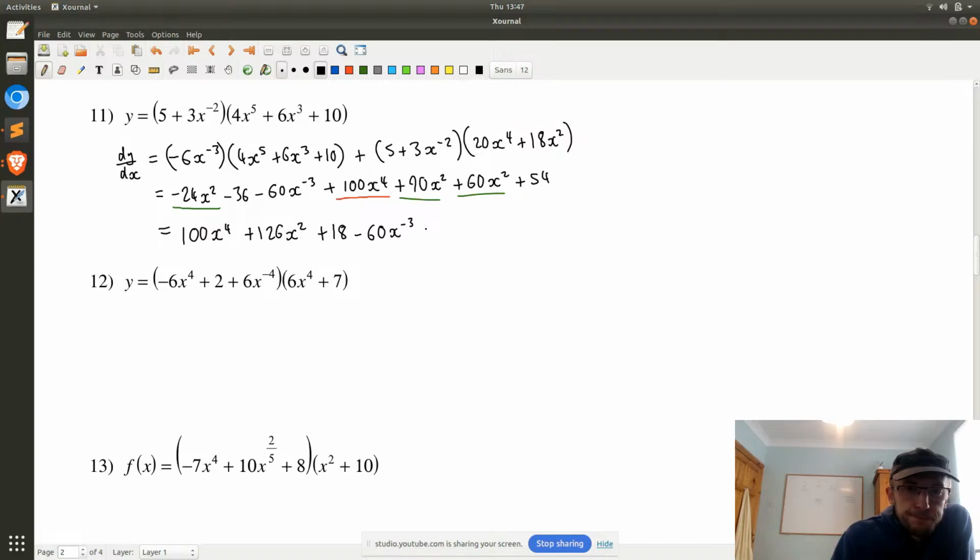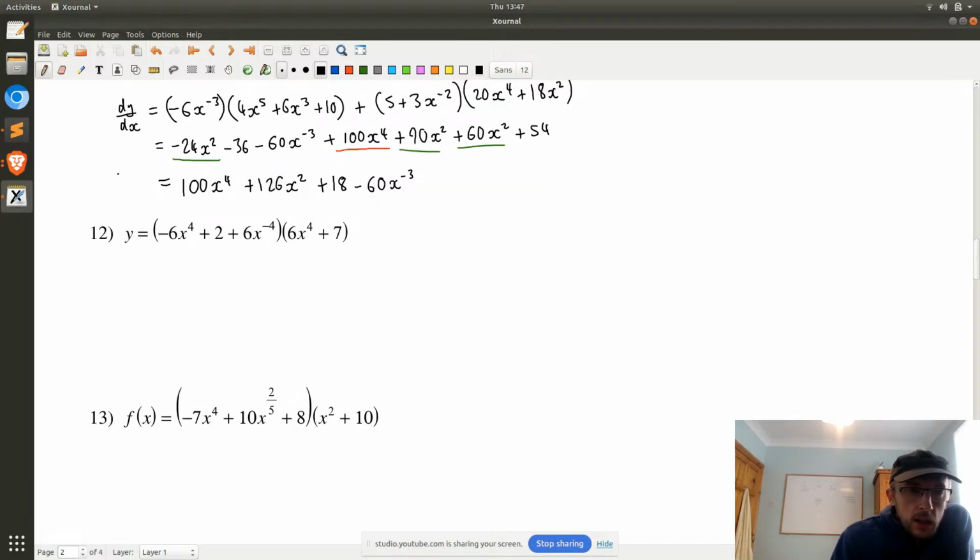There. Okay. I know that you're supposed to do the product rule here, but I would actually find it easier just to expand and then just do it. But to get used to the product rule, I will try it.